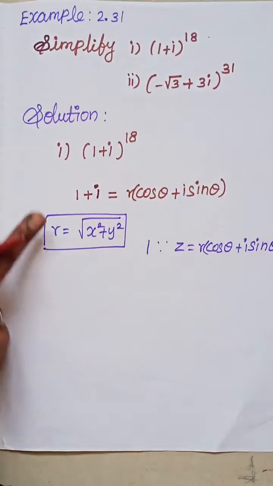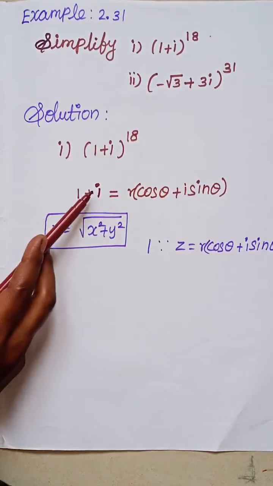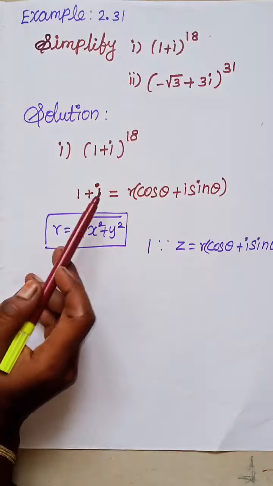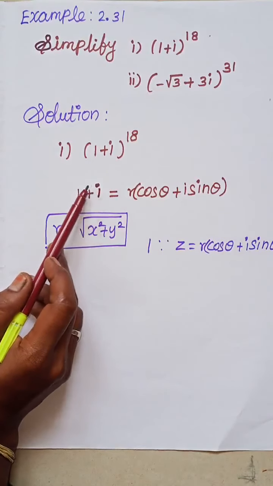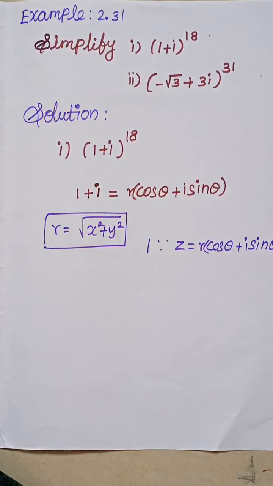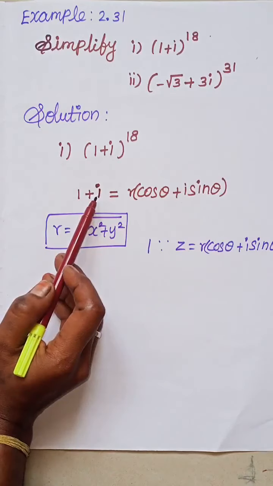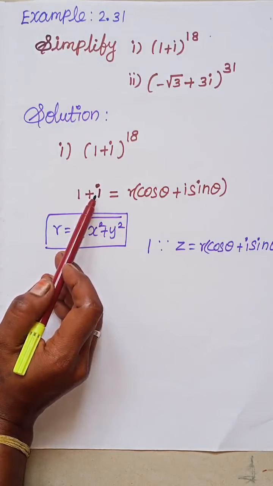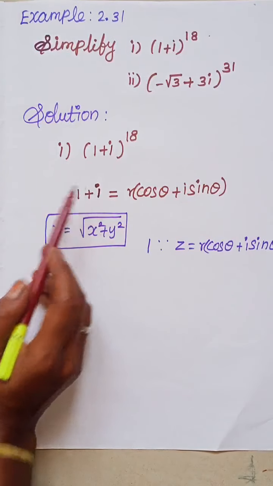Here the real part is 1 and the imaginary part is also 1. Why is the imaginary part 1? The coefficient of the imaginary unit is called the imaginary part. Here the imaginary unit is i, the coefficient is 1, so the imaginary part is 1.